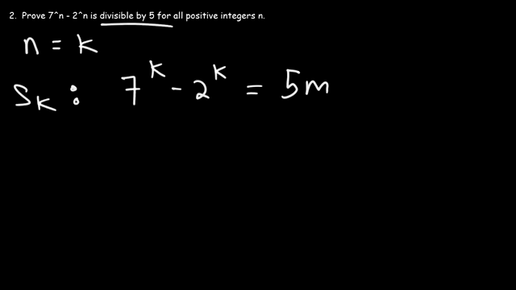If we wanted to prove that it's divisible by 3, I would set it equal to 3m, where m is once again an integer. Now I'm going to solve for 7 raised to the k. So I'm going to move this term to the other side. So I have 7 raised to the k is equal to 5 times m plus 2 raised to the k. So let's save this expression for later.